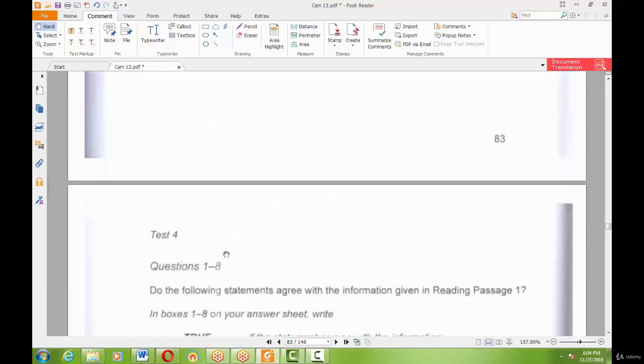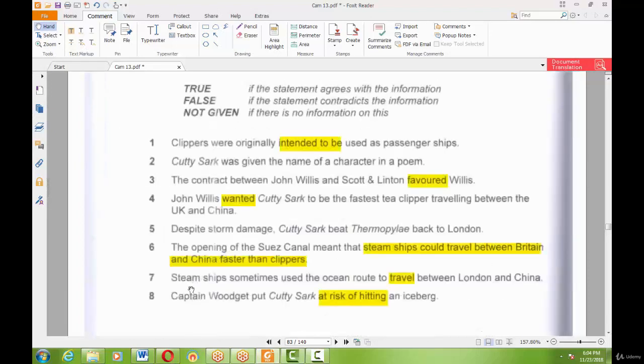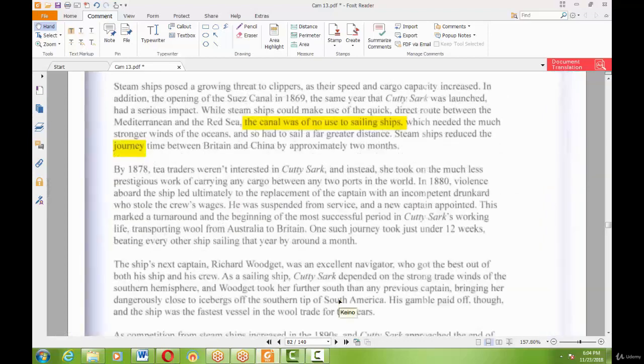Okay, where's the question? Captain Woodget put Cutty Sark at risk of hitting. Here's Woodget. Bringing her dangerous.